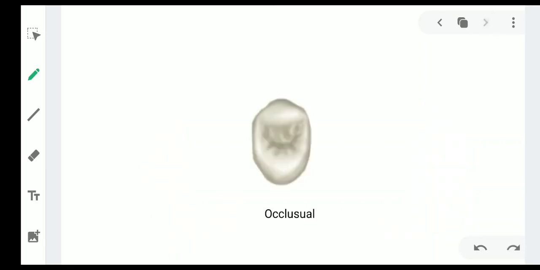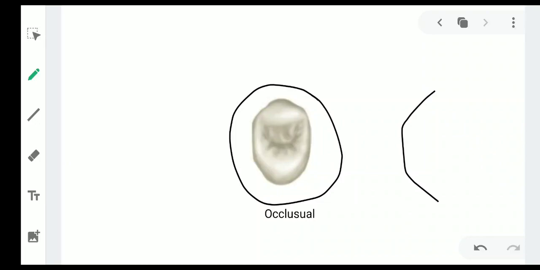Now coming to the occlusal portion, as compared to the maxillary first premolar, this tooth is more rounded. The maxillary first premolar was somewhat like this, and here it is more rounded.